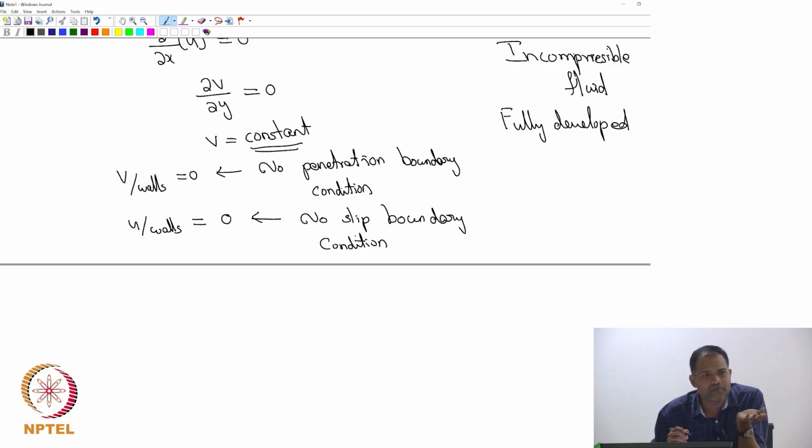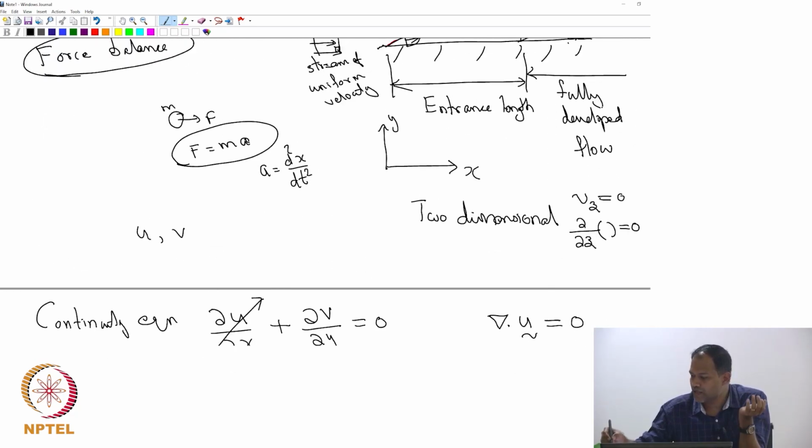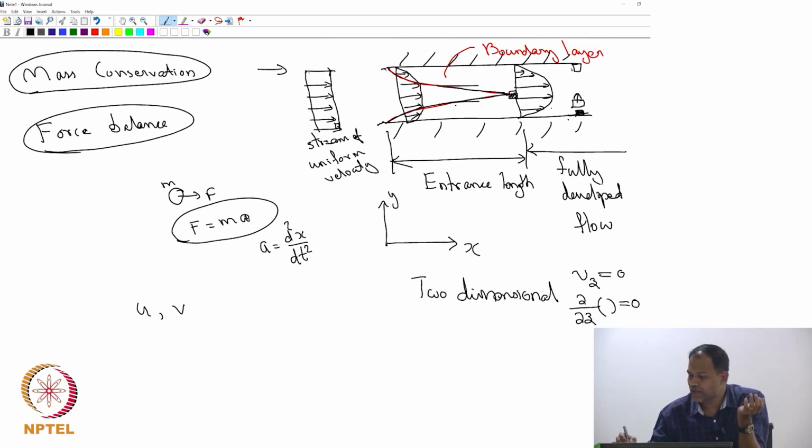There is just one component, and of course, that is what we plotted also, that there is only one component of velocity that is parallel to the channel wall. And we want to now find out that. This much we have learned only from the mass conservation, or the continuity equation. So, now let us utilize the force balance and see what more we can get.